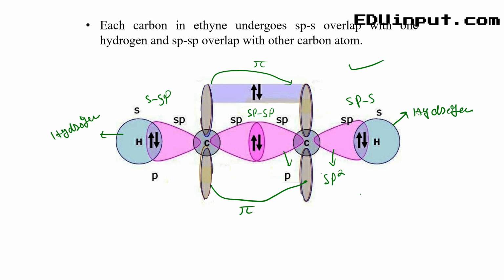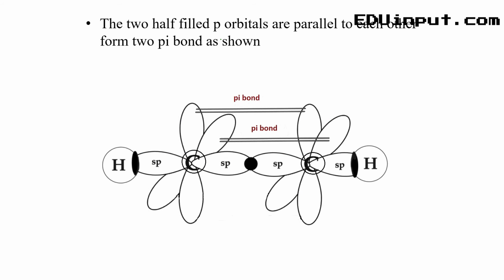So the overall structure is going to be H, carbon, triple bond, carbon, and hydrogen, and we can see that this is a linear molecule. Two half-filled p orbitals are parallel to each other to form two pi bonds.